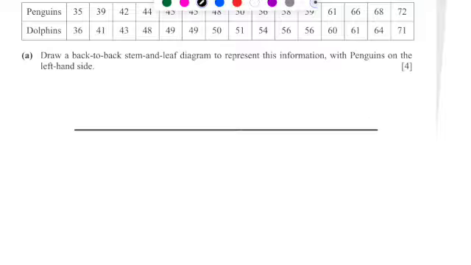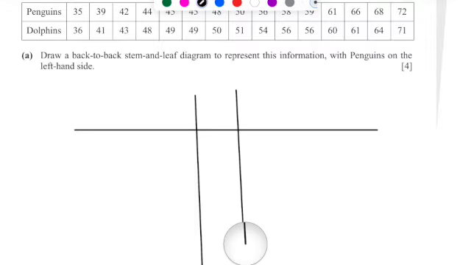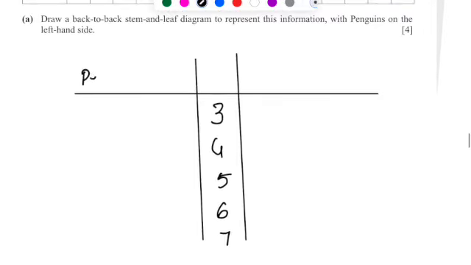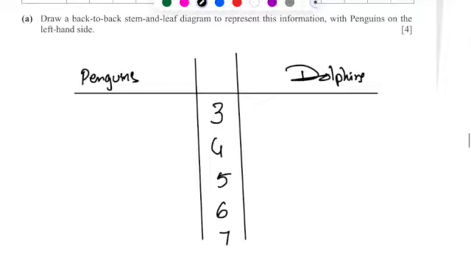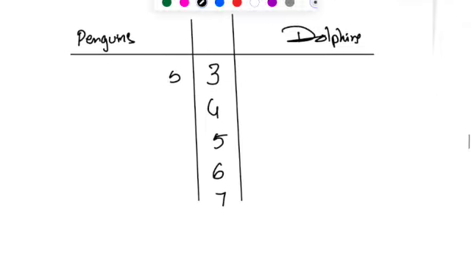So I am drawing the back-to-back stem and leaf diagram. First draw the stem. The stem makes up of 30s, 40s, 50s, 60s and 70s. 3, 4, 5, 6 and 7. Then I write over here penguins. Then I write over here dolphins. Then the numbers, if you check, as such I have already done.